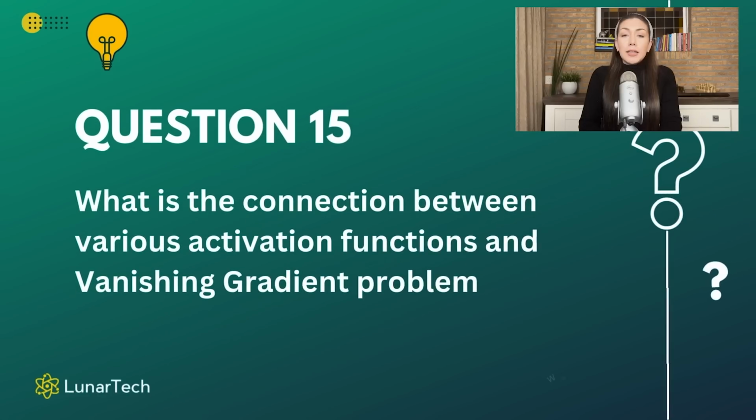The next question is, what is the connection between various activation functions and the vanishing gradient problem? So the vanishing gradient problem is highly related to the choice of activation functions because there are certain activation functions that automatically result in vanishing gradient problem because of their inherent characteristics. And there are also activation functions which are known to not cause the vanishing gradient problem.